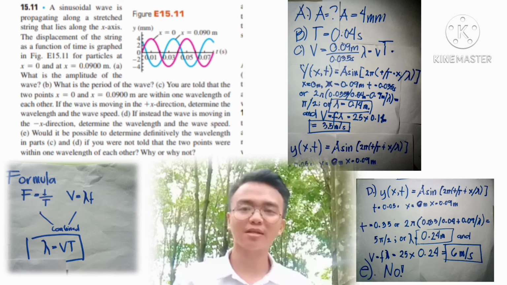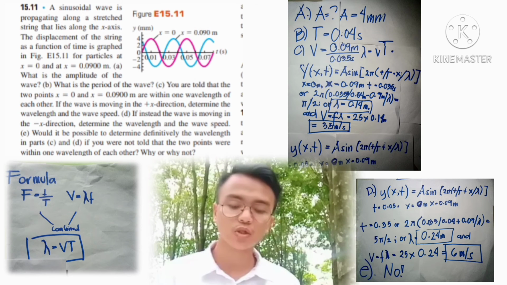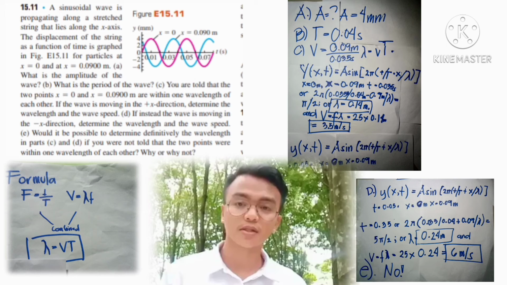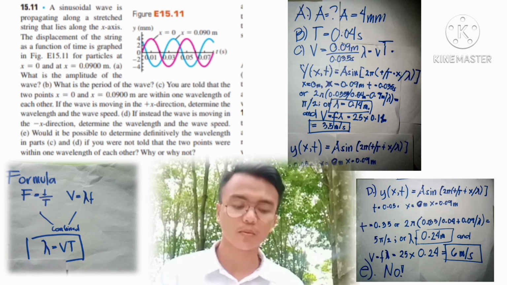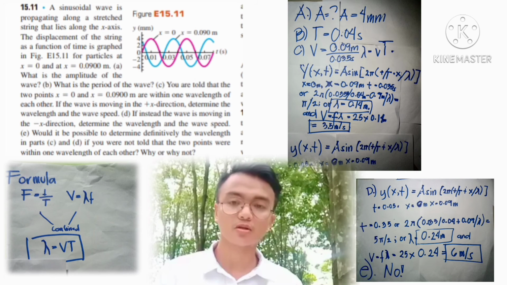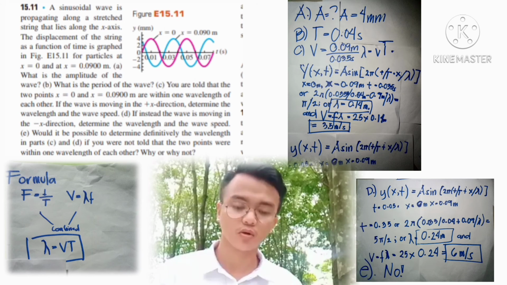I'm going to evaluate the problem in figure E15.11. Therefore, the amplitude of the wave as shown in the solution was 4 millimeters, and the period of the wave was 0.04 seconds, found by subtracting the two crests in the sinusoidal wave. The wavelength and wave speed for the wave moving in the positive x direction were determined as 0.14 meter and 3.5 meters per second, with the two points x equals 0 and x equals 0.0900 meter within one wavelength.